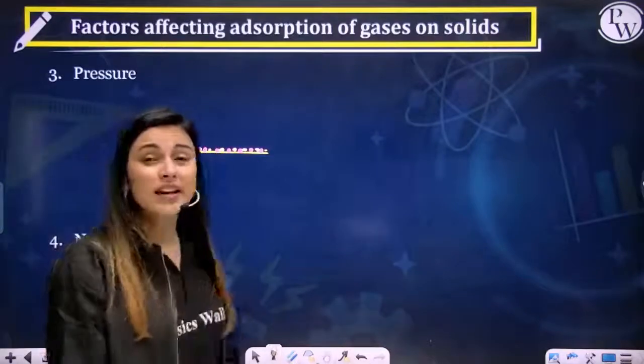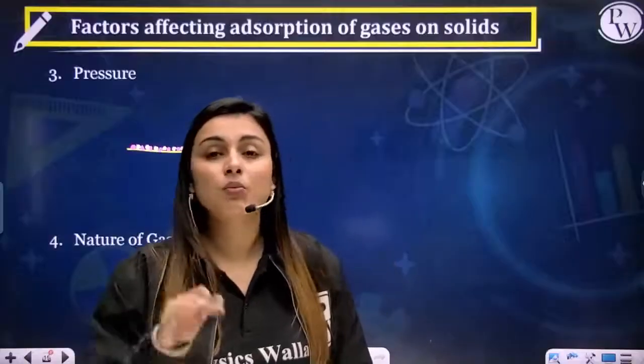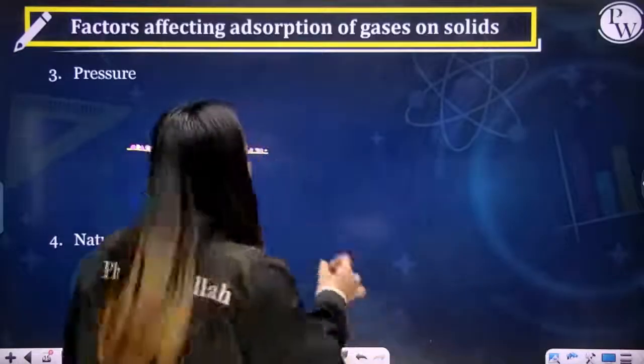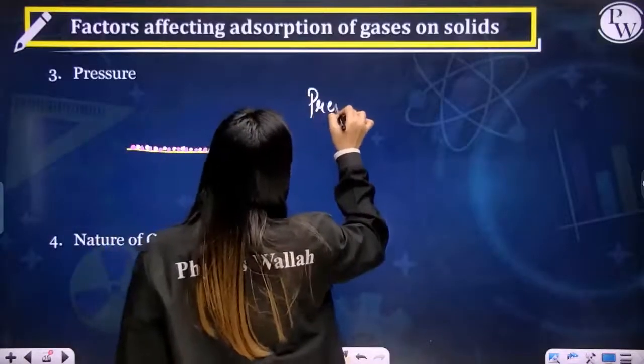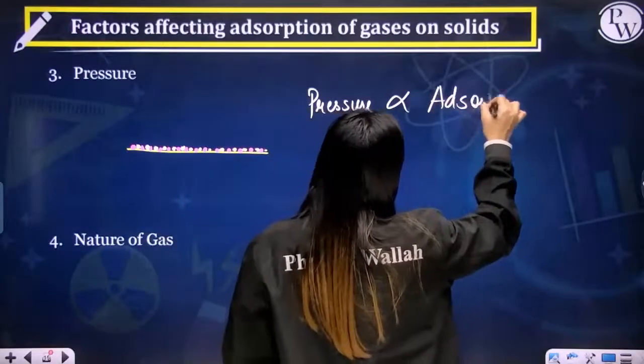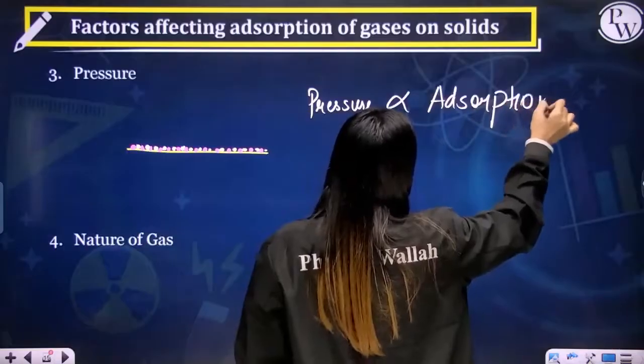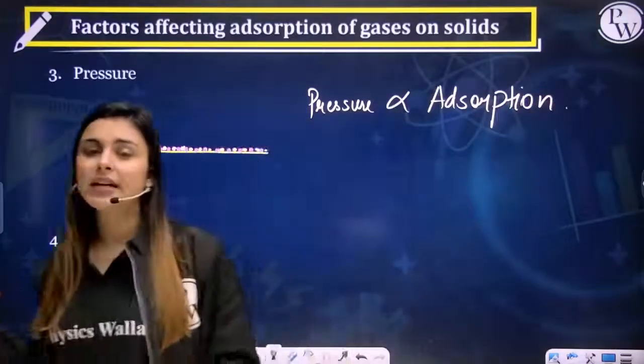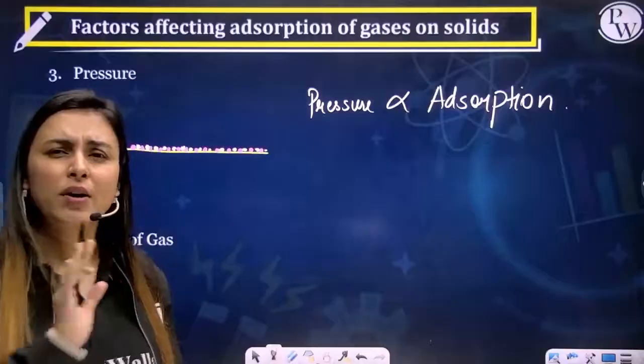Yes. So can I say that the more the pressure I'm applying, the more the adsorption is taking place? Yes. So your pressure is directly proportional to adsorption. The more the pressure, the more will be the adsorption. This is the general case. I'll make you understand the other cases as well. But till now, I hope you've got this point.